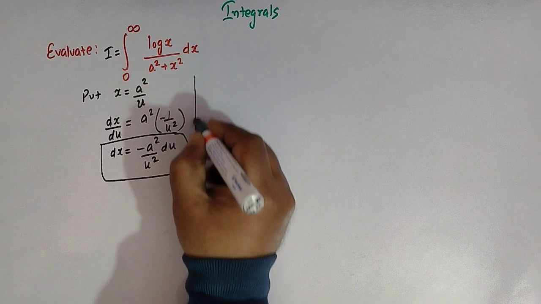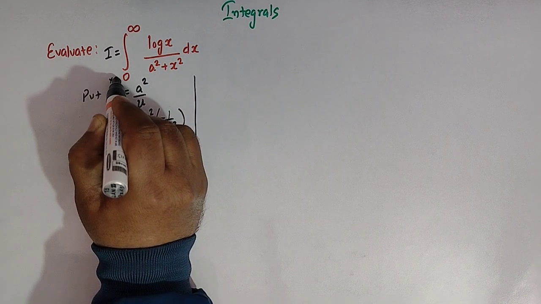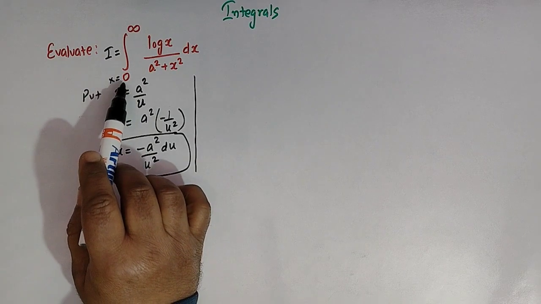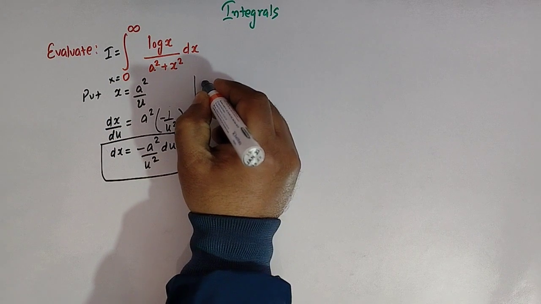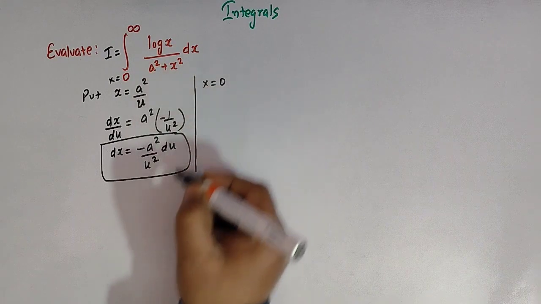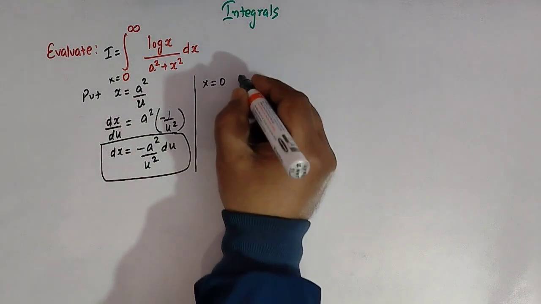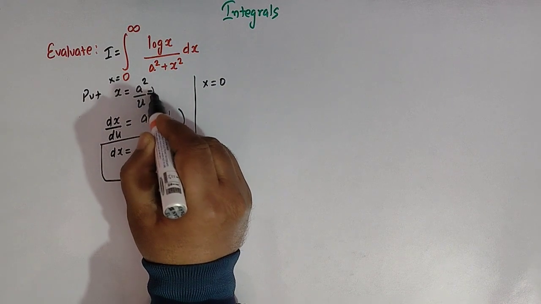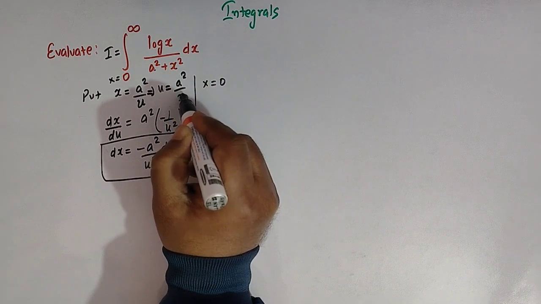Now see, here the limits of integration vary from 0 to infinity. So when x is equal to 0, what is the value of u? From this expression, u is equal to a square over x.